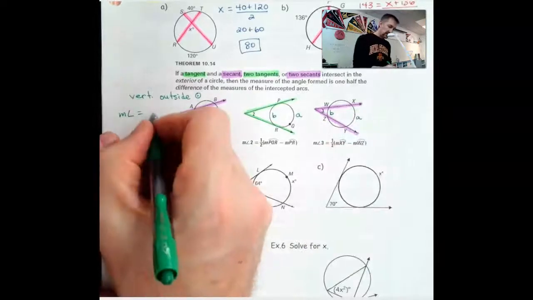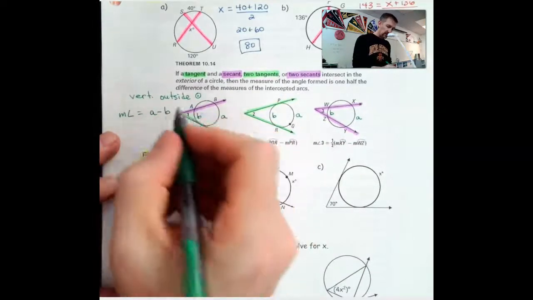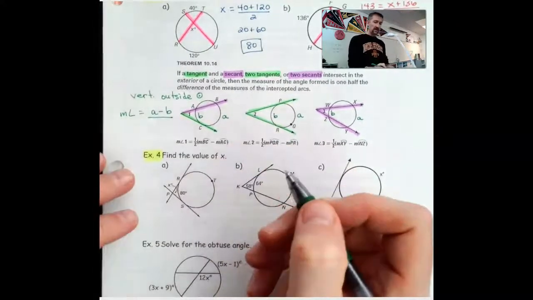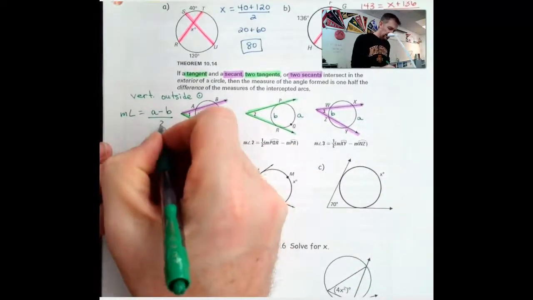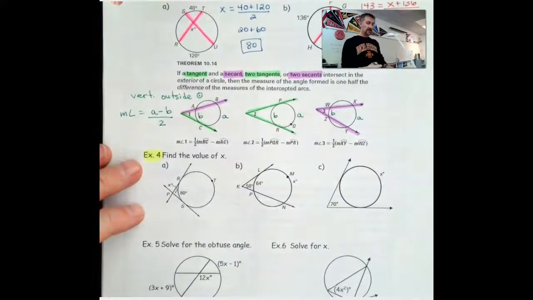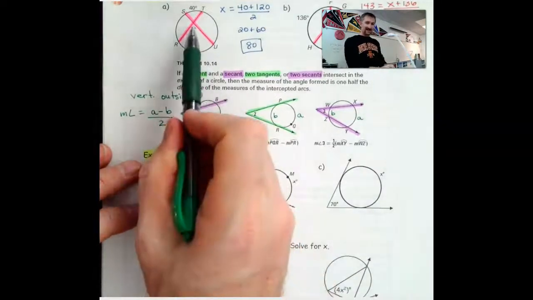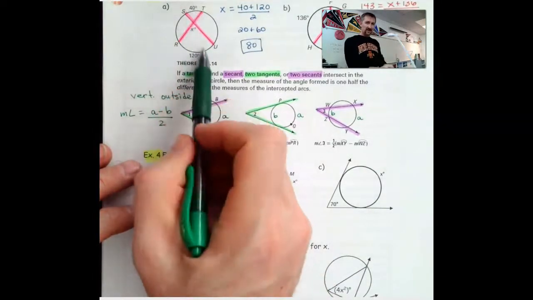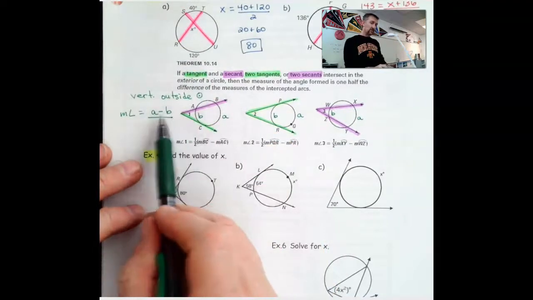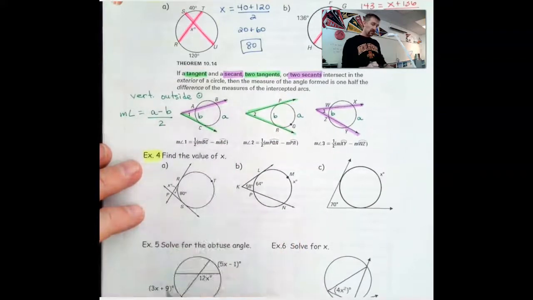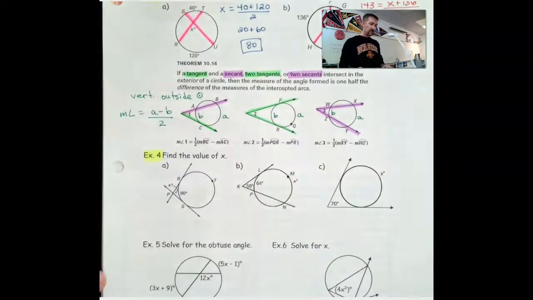So it's always going to be the bigger arc minus the smaller arc. So maybe I should use B for bigger arc, actually. B for bigger arc, divided by 2. So if the vertex is in the circle, we add the arcs and divide by 2. If the vertex is outside the circle, we subtract the arcs and divide by 2. And make sure you take the bigger one minus the smaller one. All right, so let's try that out.